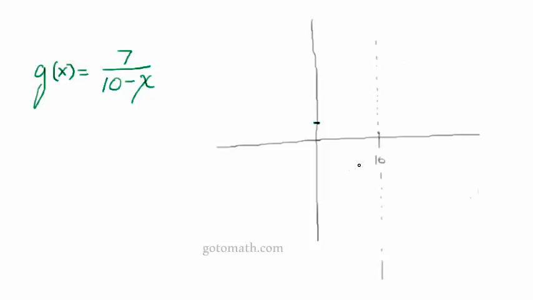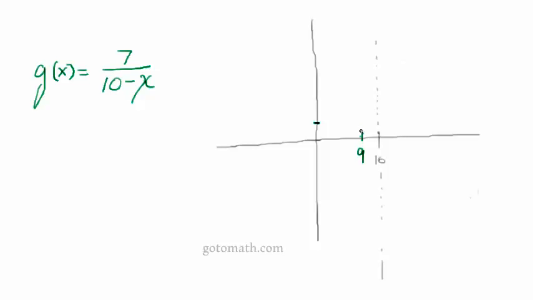And what's it doing? Is it going down in this direction, or is it going up in this direction? That's the question. If we took 9 and plugged it in right here, we get a positive number out. So we know that the graph is up here somewhere.